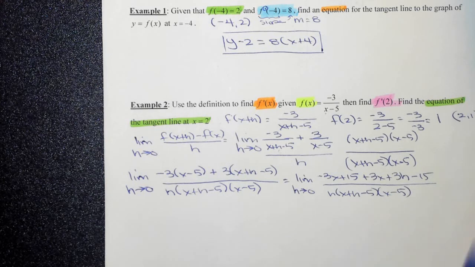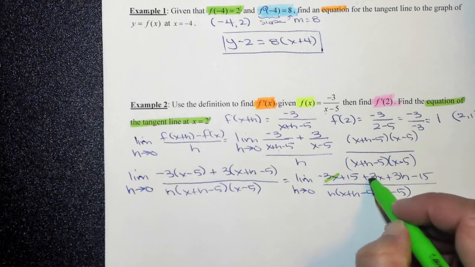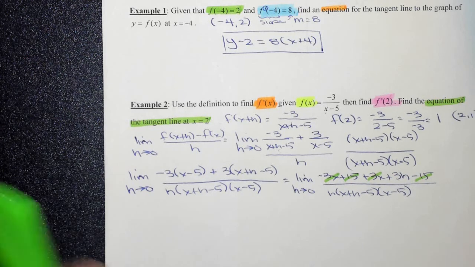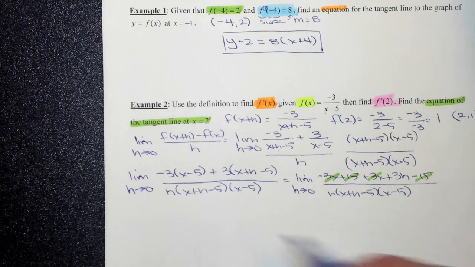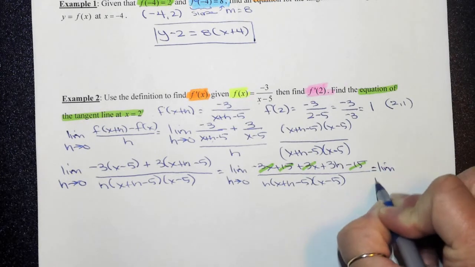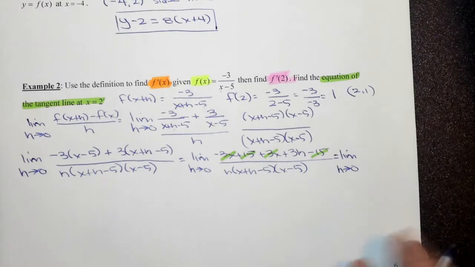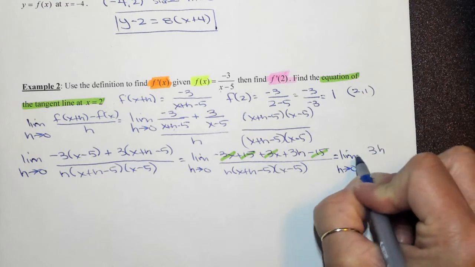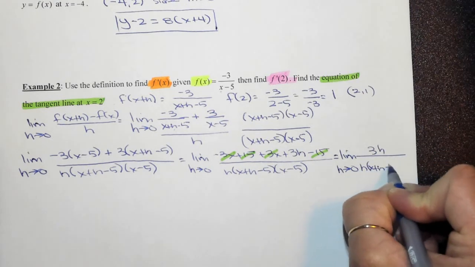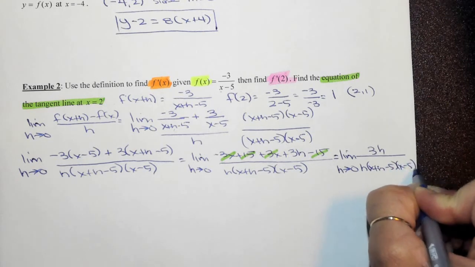Okay, so basically rule of thumb is anything that doesn't have an h should cancel out, meaning I have a negative 3x and a positive 3x, negative 15, positive 15, so there I am left with my 3h in the numerator. So when I rewrite it, I have the limit as h approaches 0 of 3h over this crazy denominator of h times x plus h minus 5 times x minus 5.